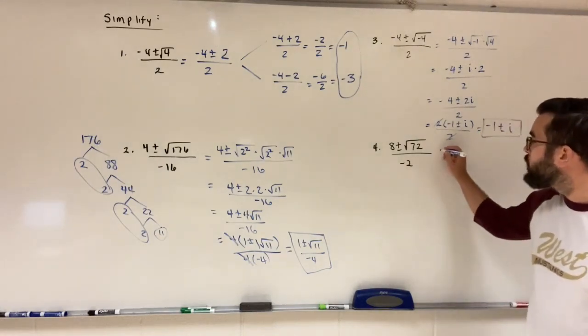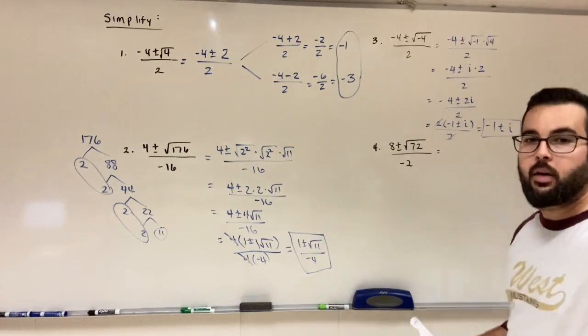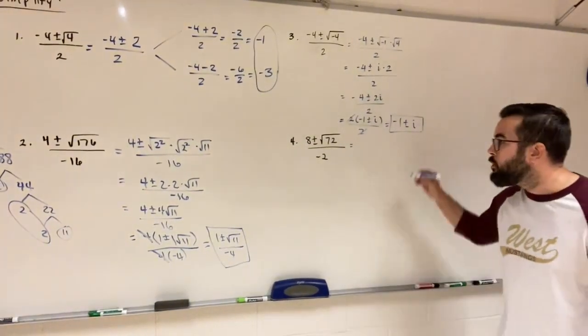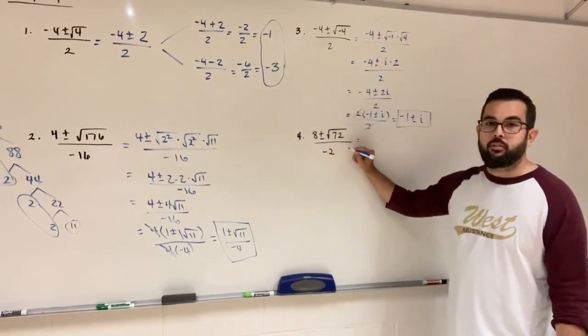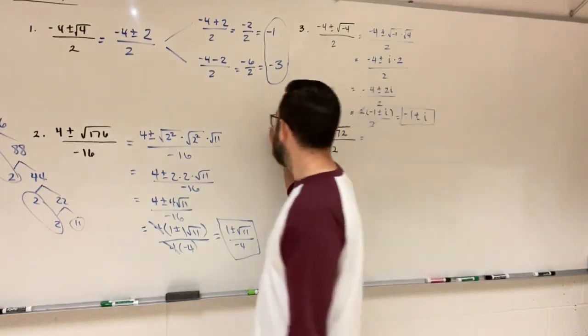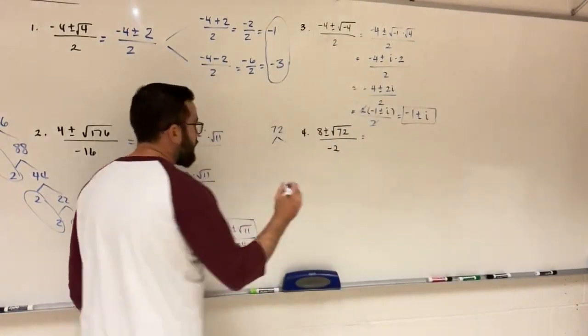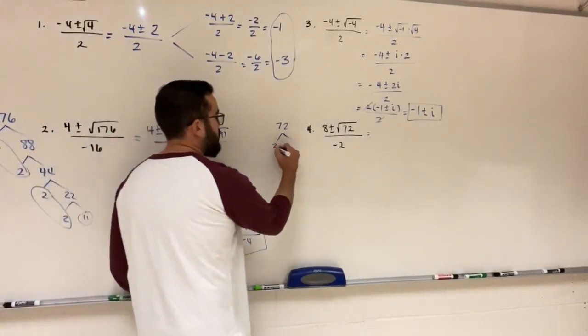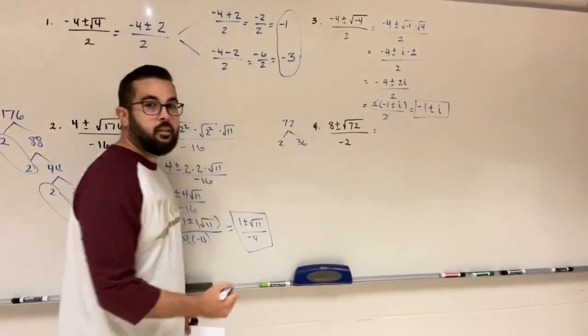Okay, number 4. Number 4, let's get this over. All right, number 4, we need to start with the square root of 72. So 72, if I start breaking that down into its prime factors, is 2 and 36.